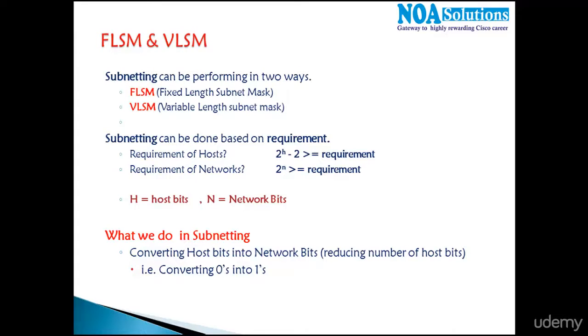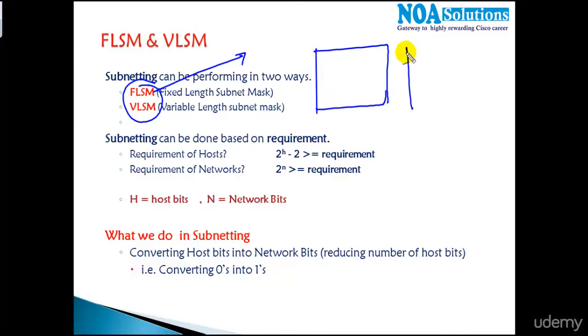So the next thing we need to understand is what are the different ways or different methods we use for subnetting. There are two different methods. We have something called FLSM, fixed length subnet mask, and we have something called VLSM, variable length subnet mask. Now the difference between these two I can represent in diagrams here.